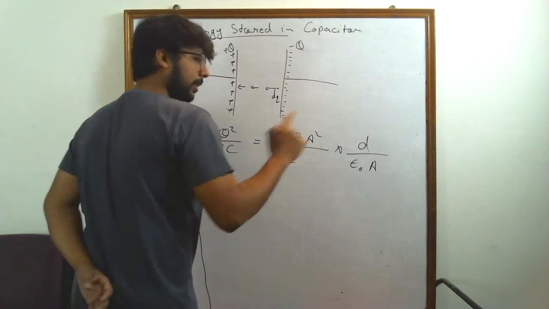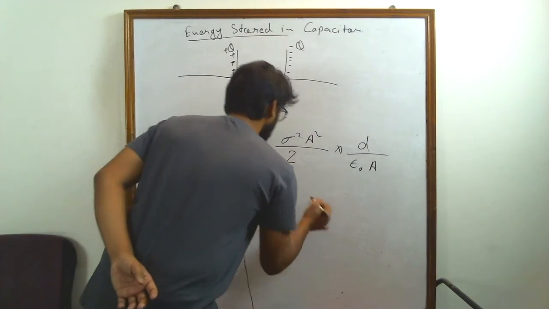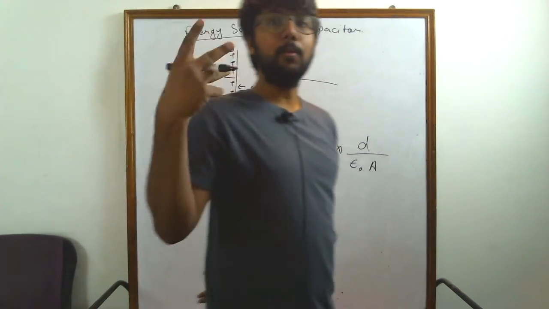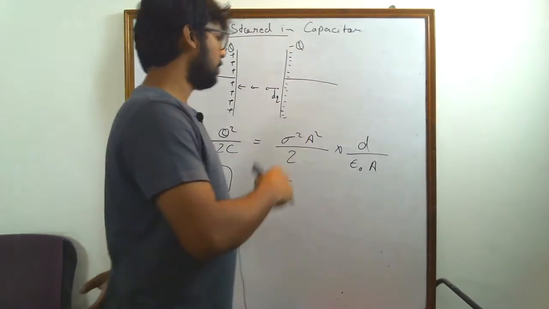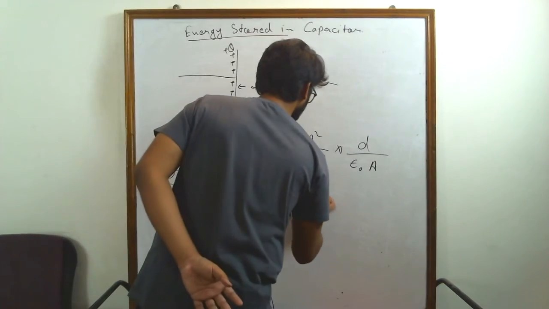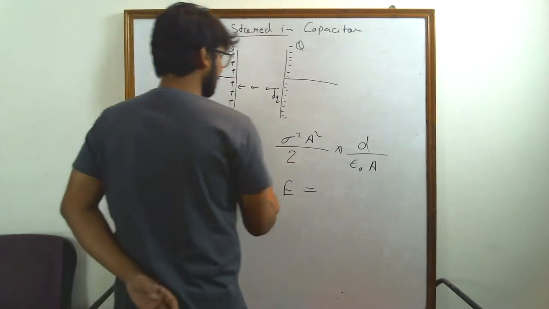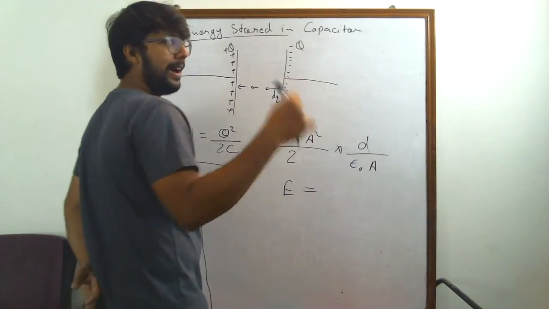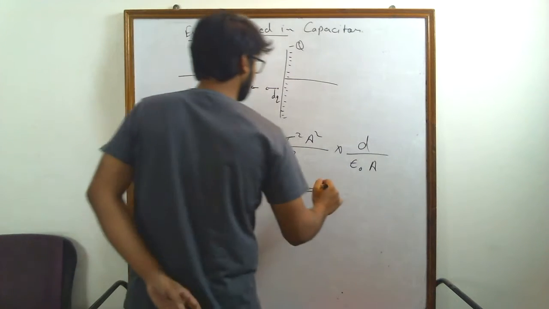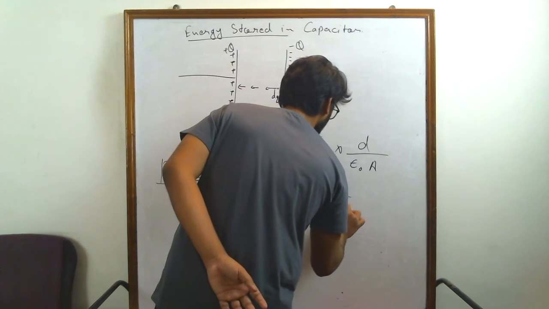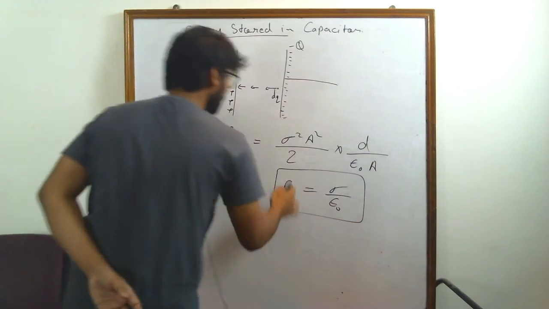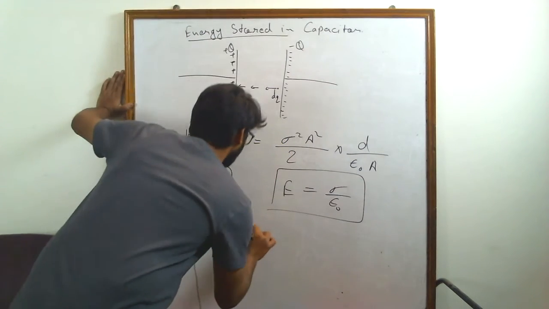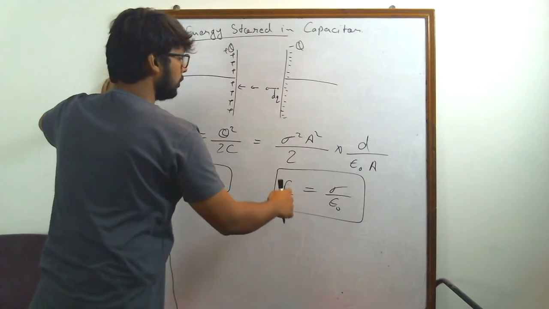Because we are trying to find how much energy is stored in the electric field, obviously I need to get it in the form of electric field, and the electric field for a parallel plate capacitor is essentially sigma upon epsilon naught. So I'm going to use that here.